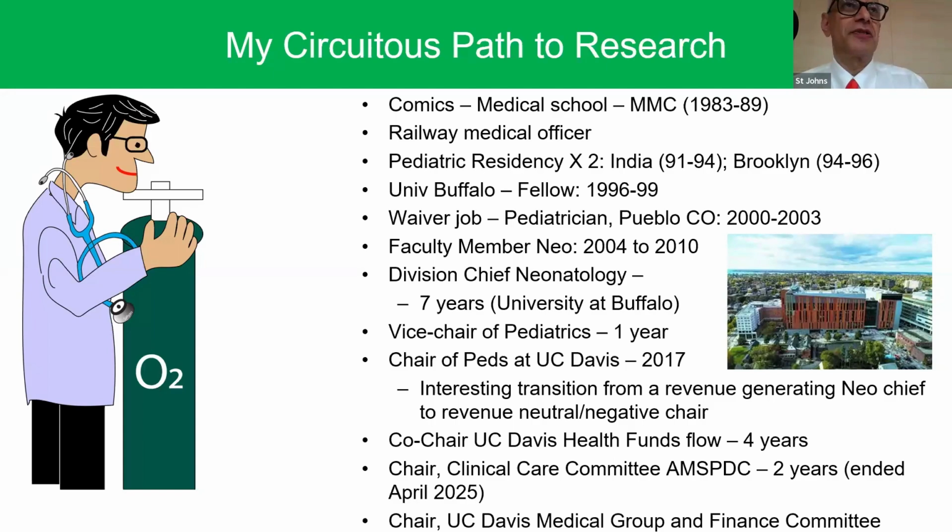Then I became a chief of neonatology. Neonatology chiefs are very powerful in the US because we generate a boatload of money for the hospital. A NICU typically has a profit margin somewhere between 20 to 80 million dollars. Compared to that, the rest of the hospital is in a very bad shape. So the NICU makes money that keeps the rest of the hospital afloat.